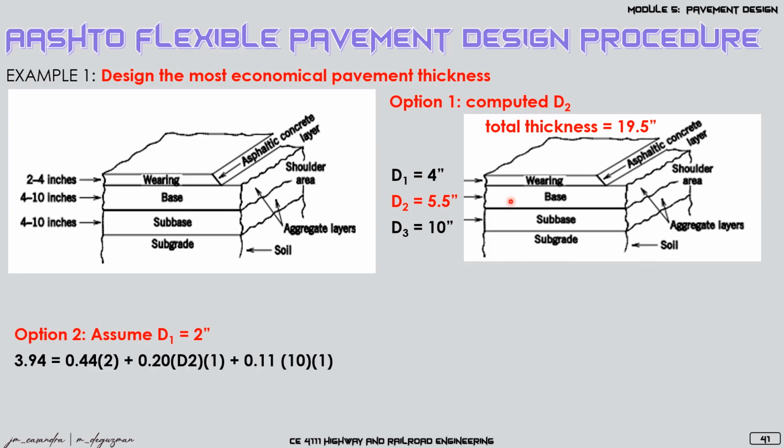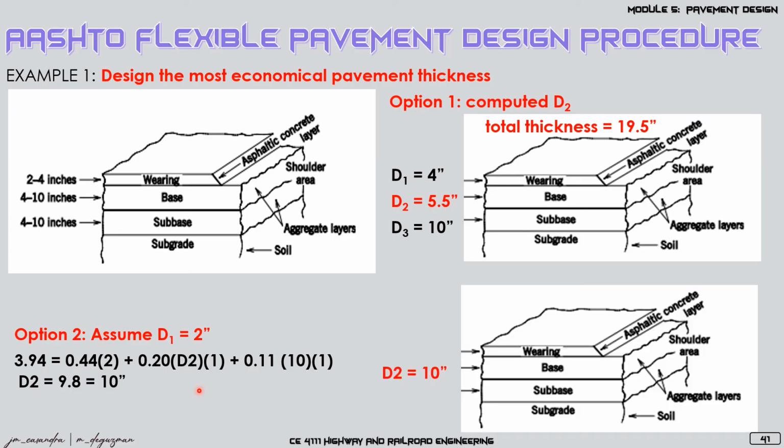If that's the case, we now follow the equation for the structural number using our computed SN of 3.94. Still same materials, so we have 0.44 times the new or the assumed D1, 2. And then we compute for D sub 2, in which we'll get now a value of D sub 2 equal to 10.